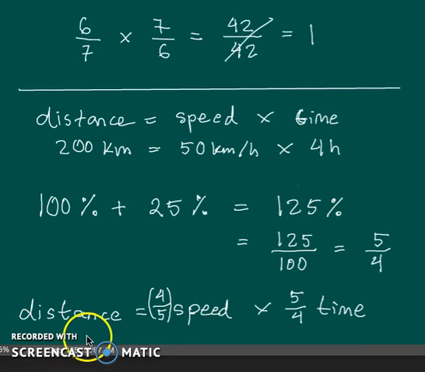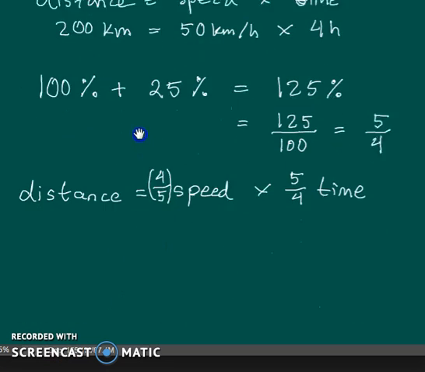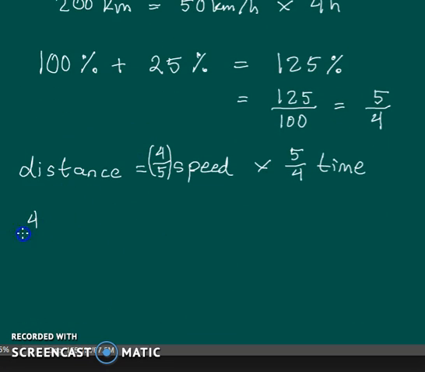4/5. How do we express 4/5 as a percentage? There's a number of ways we can do it, but we can multiply 4/5 by 100%. These will cancel out. This becomes 20. So in the end, we get 80%.